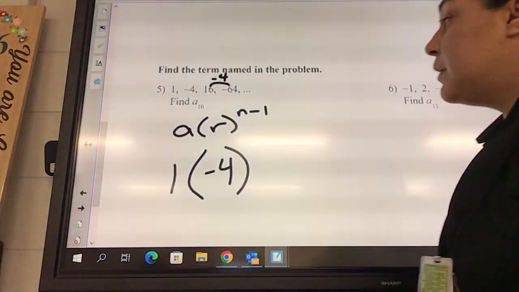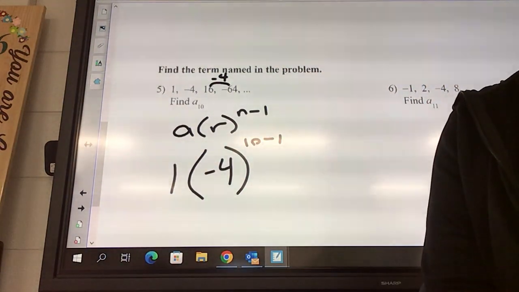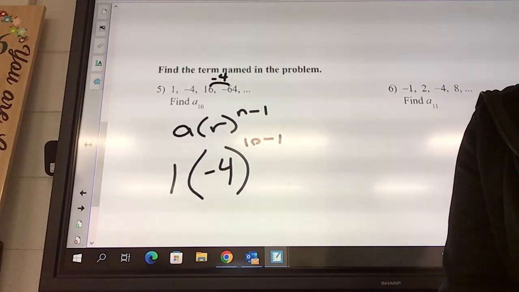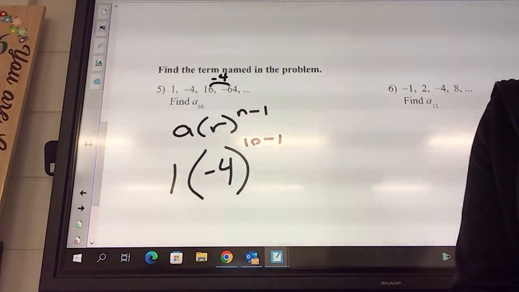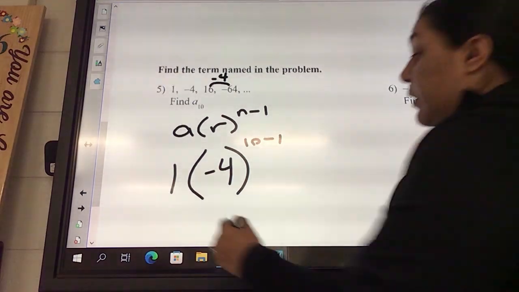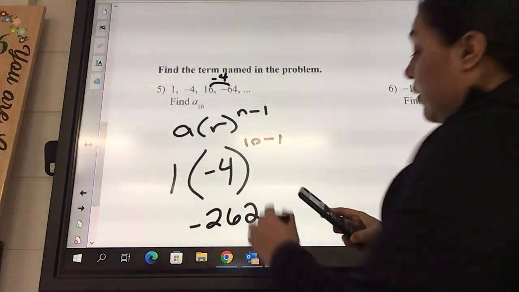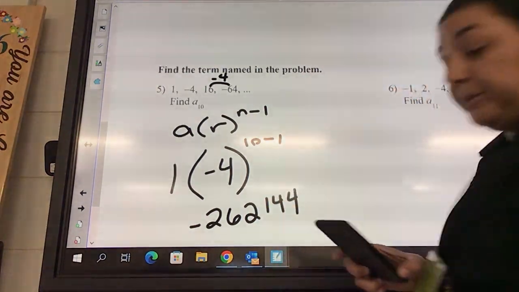My term named is going to be 10 minus 1. Okay, so we got 1 parenthesis, -4, to the 10 minus 1. And it's going to be -262,144.